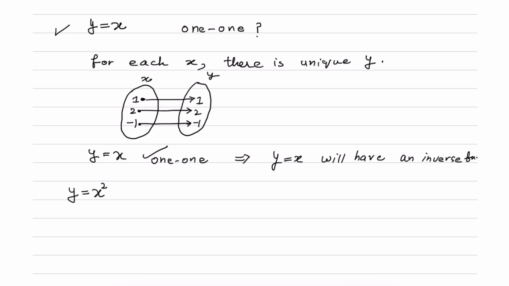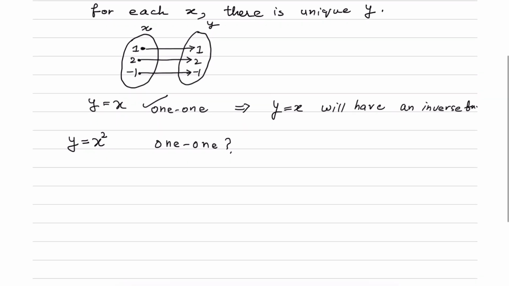So let's take the example y equal to x square. We want to know if y equal to x square will have an inverse. So for that, we will have to check if it is 1, 1 or not. If it is 1, 1, yes, it will have an inverse, and if it is not, then it will not have an inverse. Let's check it again through this picture. So we take x equal to 1 and plug 1 in x square, so 1 square is 1, so we get y as 1.